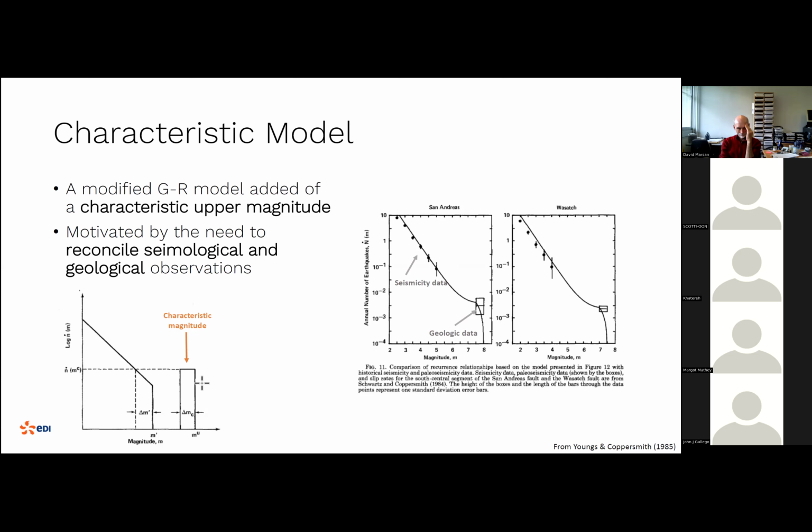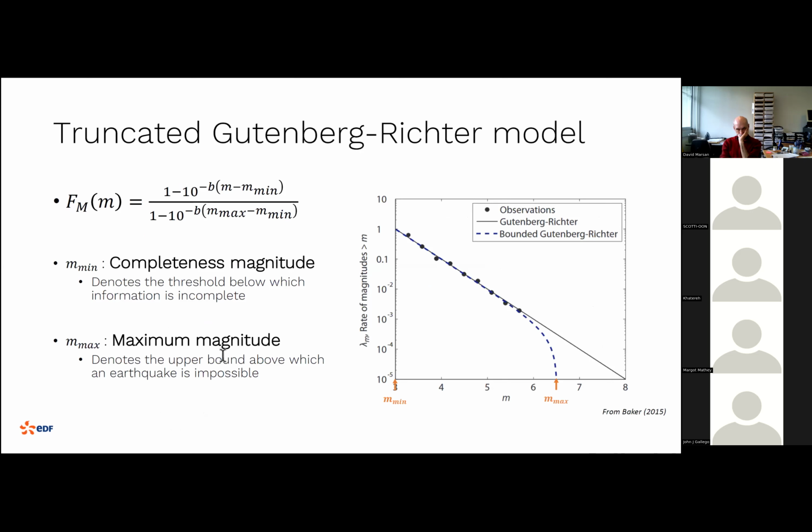So this is a model that is motivated by the need to reconcile seismological observations from catalogs, which often show a Gutenberg-Richter-like model, I will come later to this model, and geological observations for specific fault segments that present a higher rate than expected for larger earthquakes. So this is one option.